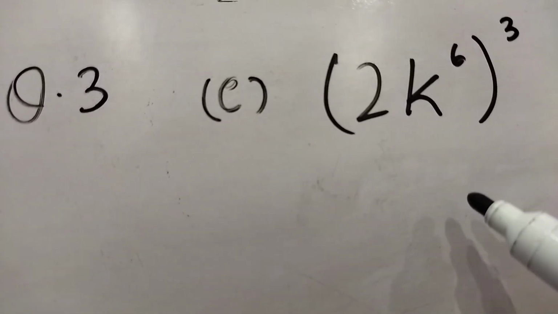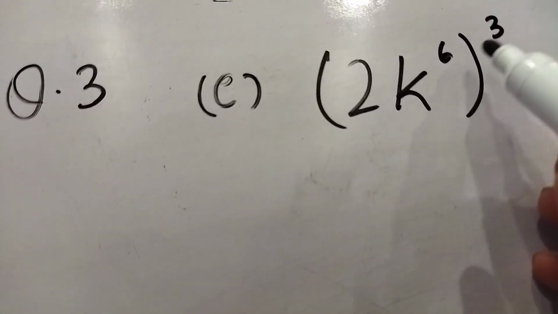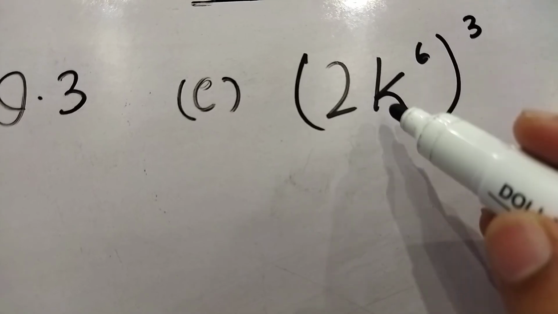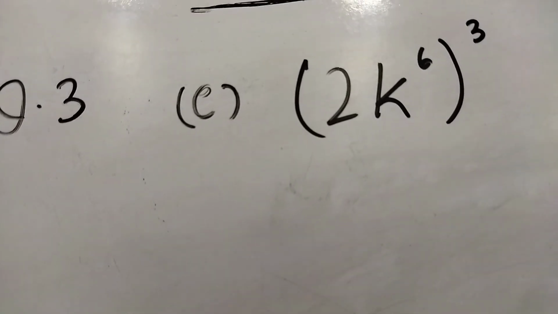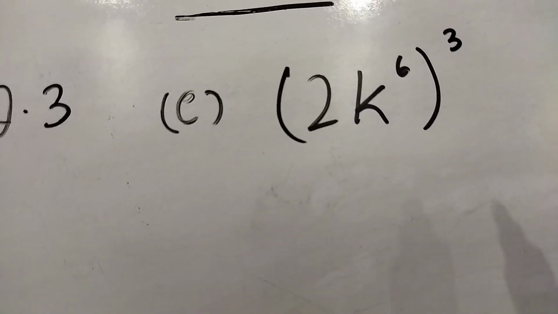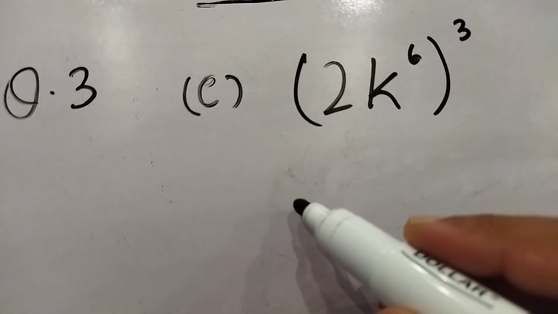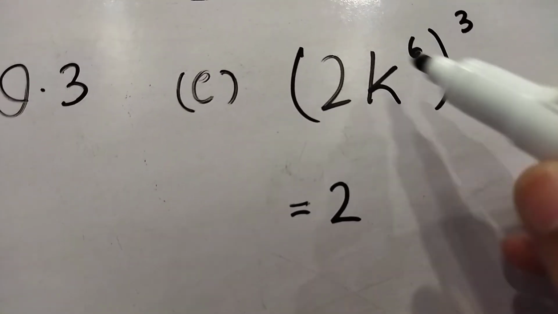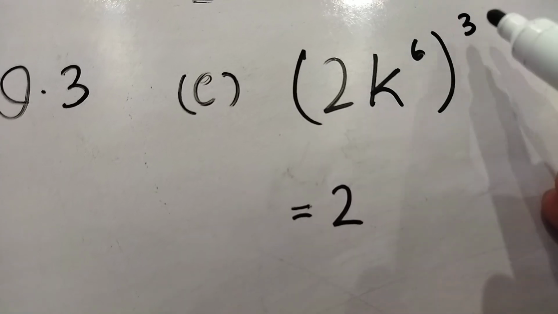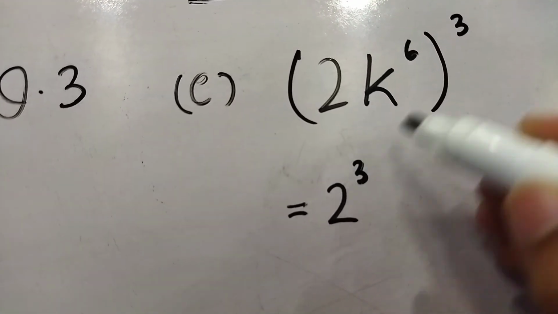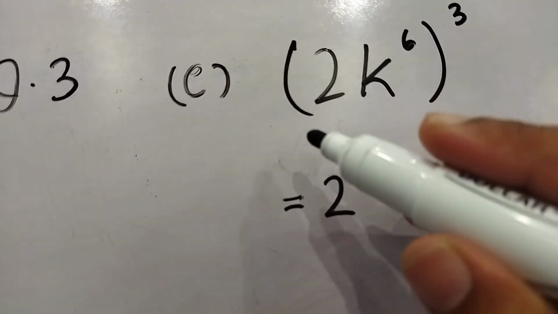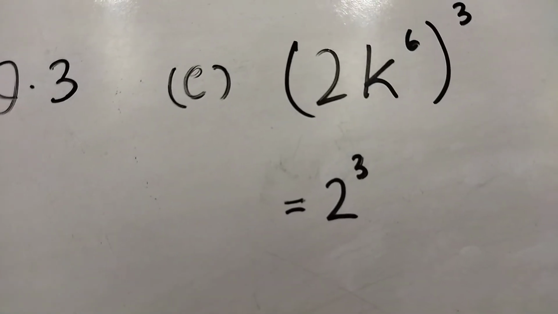So we have to apply law number 3 with the variable, that is k raised to power 6 and the outside power as 3. So we are going to deal with the coefficient as 2 raised to power 3, because this power goes both with the coefficient and the variable, right?